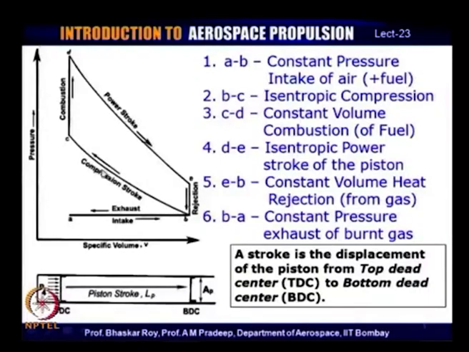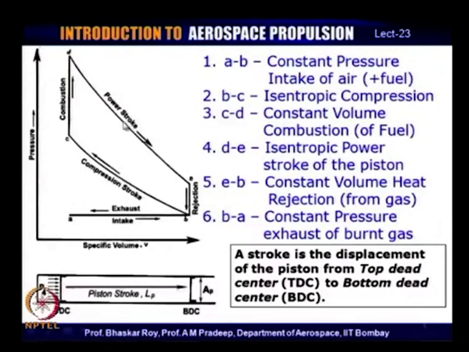Same was true for the compression. That means these two processes are isentropic, during which the processes are adiabatic and no losses are envisaged in the system. That means the two processes are reversible processes. So, they are reversible adiabatic processes, which in other words we call isentropic processes.